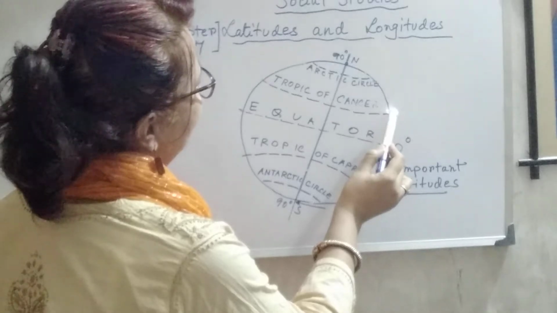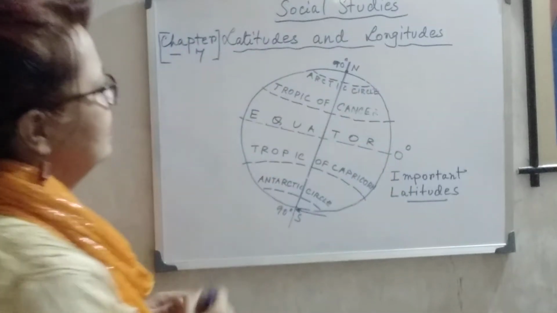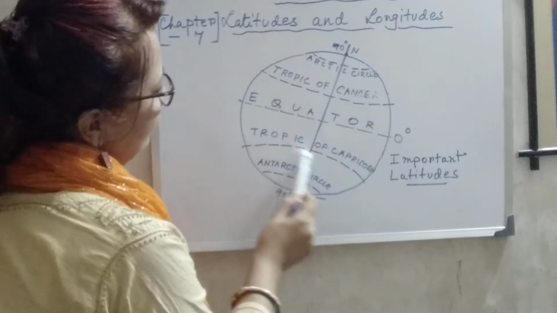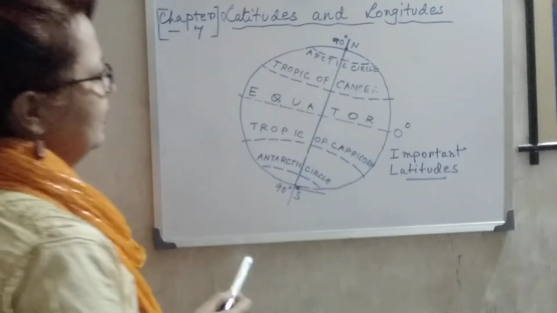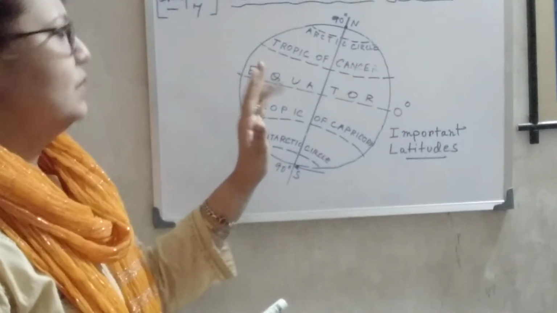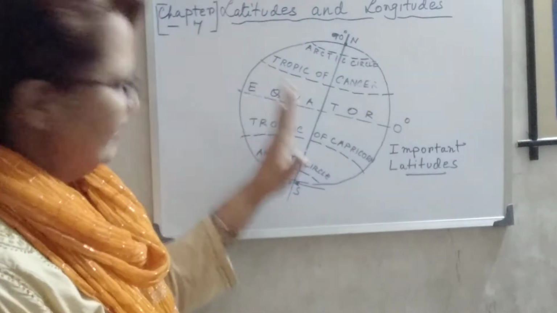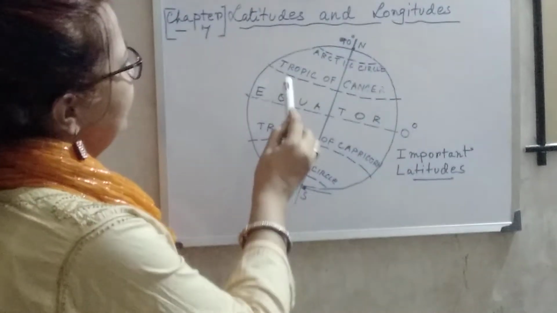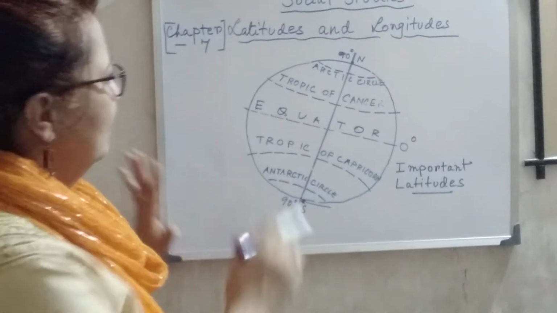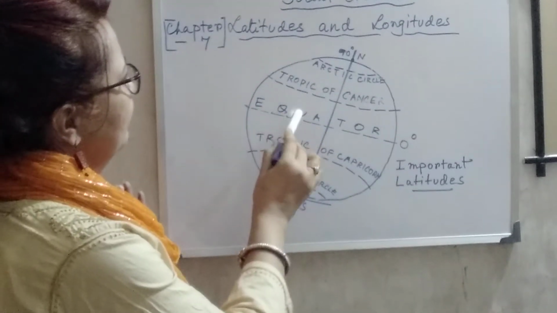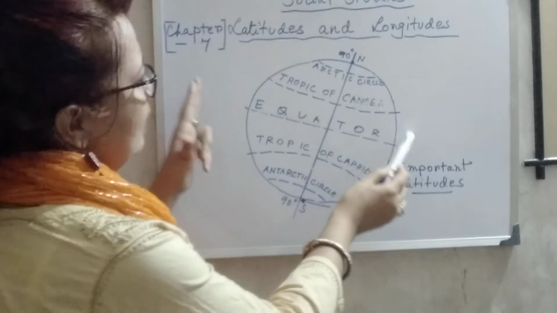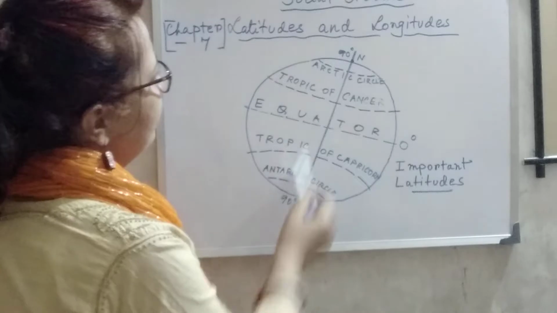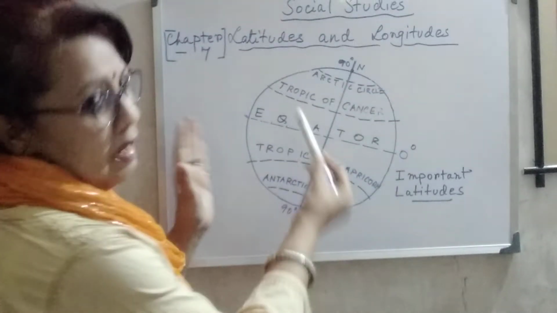And in the north of the equator there is the Tropic of Cancer. It is another latitude. And south of the equator, the Tropic of Capricorn. All the latitudes run from west to east, and they run parallel to each other, parallel to the equator. And the equator is the main latitude. It divides our earth into two equal halves.